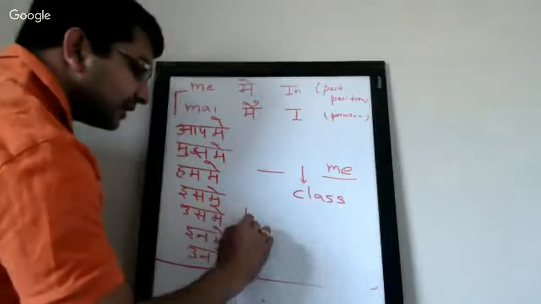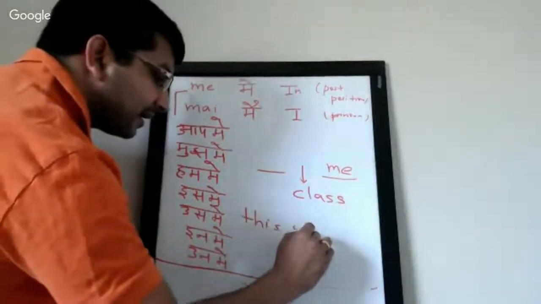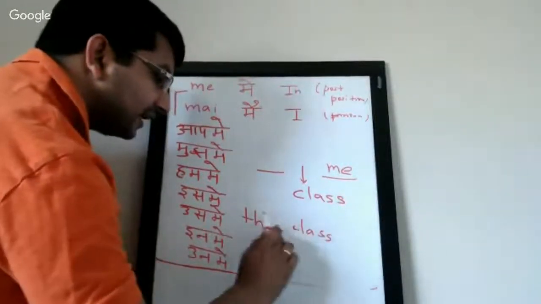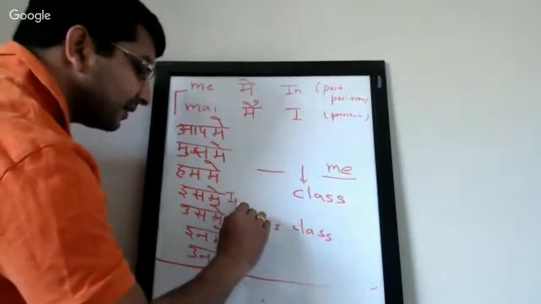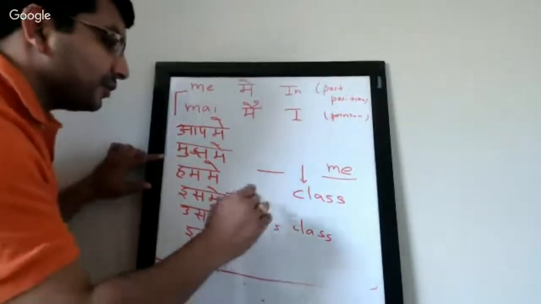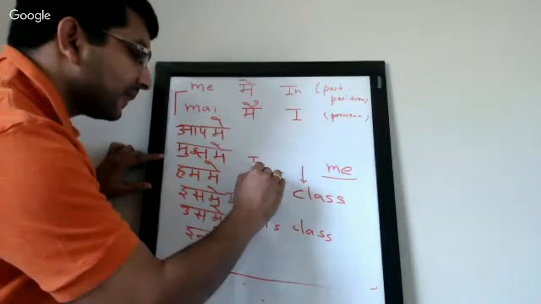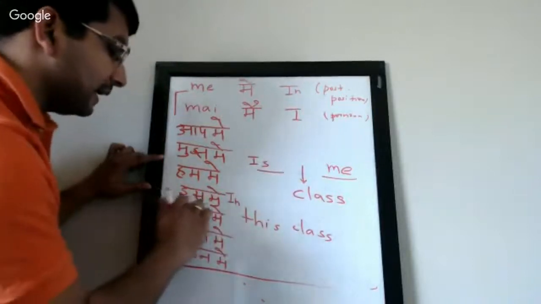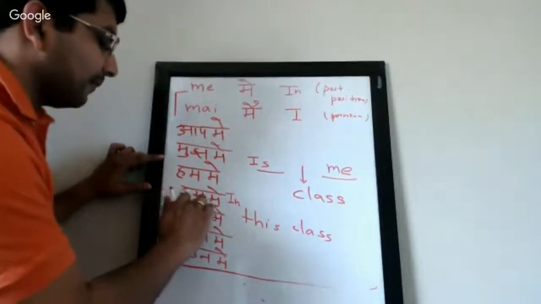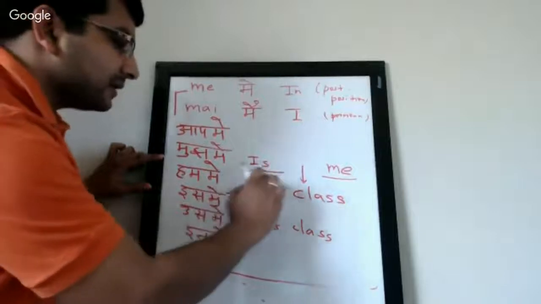First you said this class, यह class है, and now you want to say in this class, you will say is, which is the oblique case, in this, is class में.